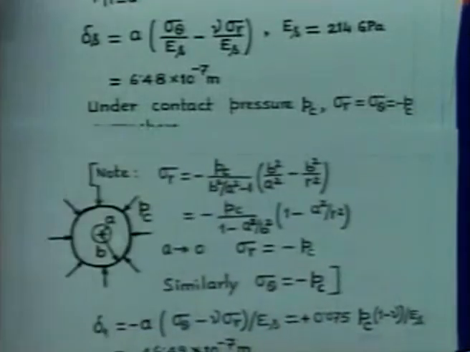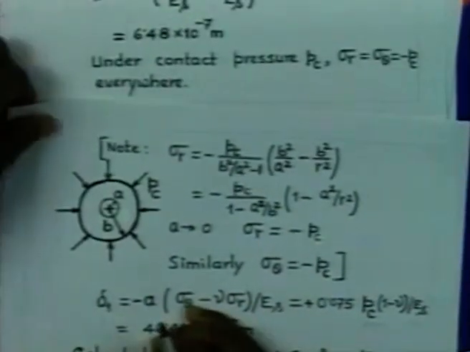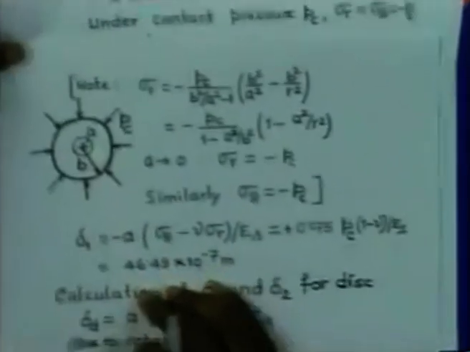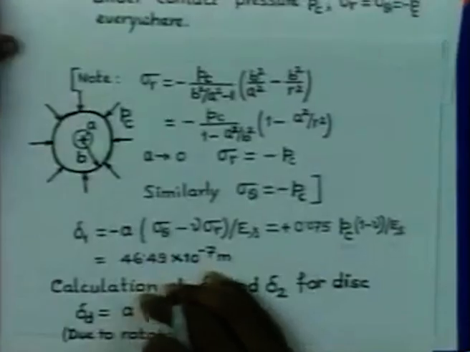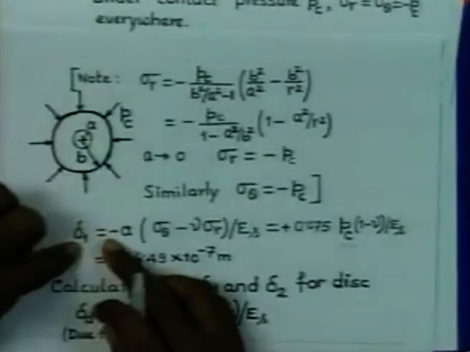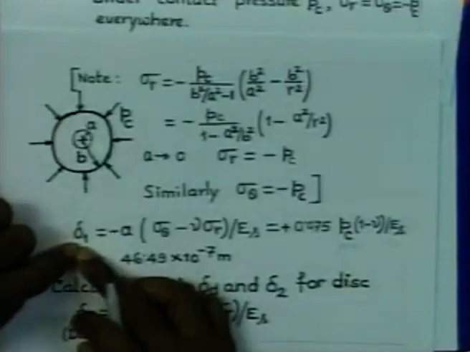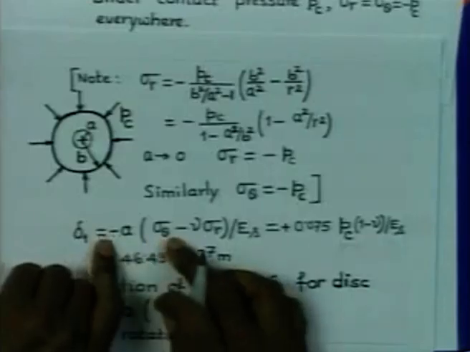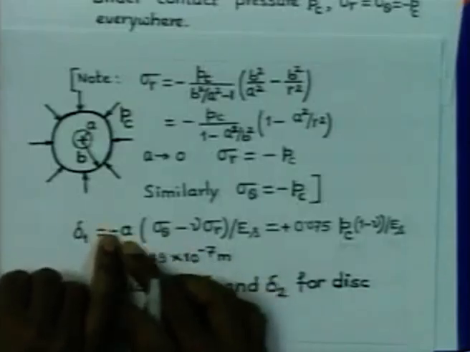Now, if we want to calculate the contraction of the radius of the shaft under the action of Pc, we again try to go for calculation like this. The contraction is nothing but it is minus, we take the minus because the contraction is negative.